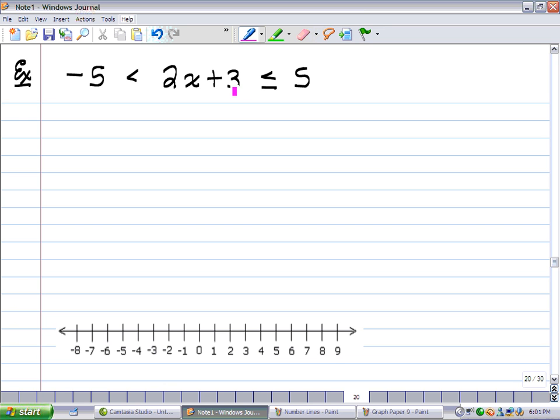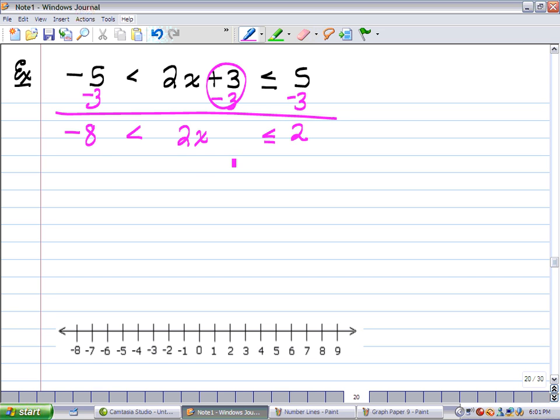So first thing we should do, trying to get the x term alone. So I'm going to subtract 3 from all 3 parts, giving me -8 less than 2x less than or equal to 2. One last step, divide everything by 2. Notice the thing I'm dividing by is positive, so these are going to stay in the same direction.